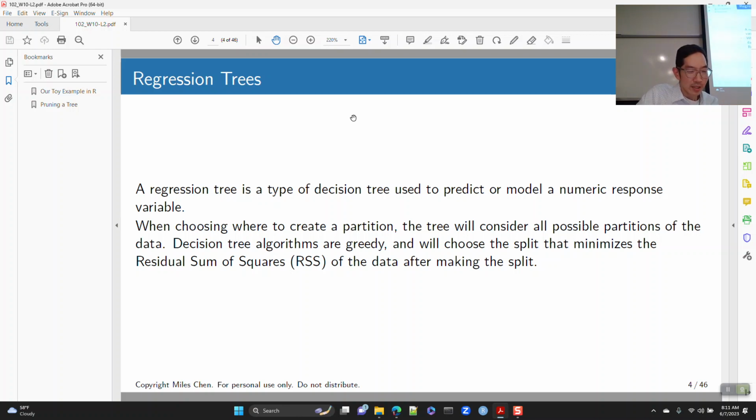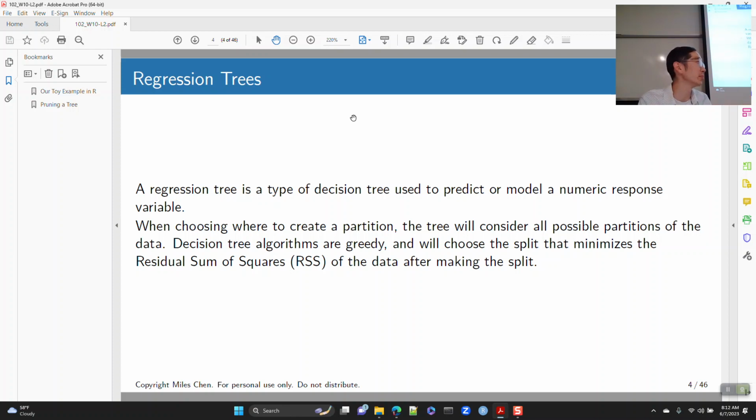So basically, when you create the tree, you're going to consider every single possible partition. Okay, so if you have a ton of data, modeling a regression tree can take a very long time, right?